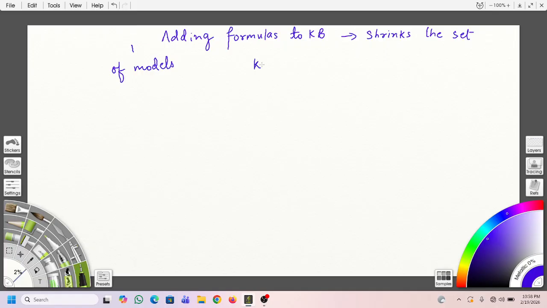That means if my KB becomes KB union of a new formula, let us say F.